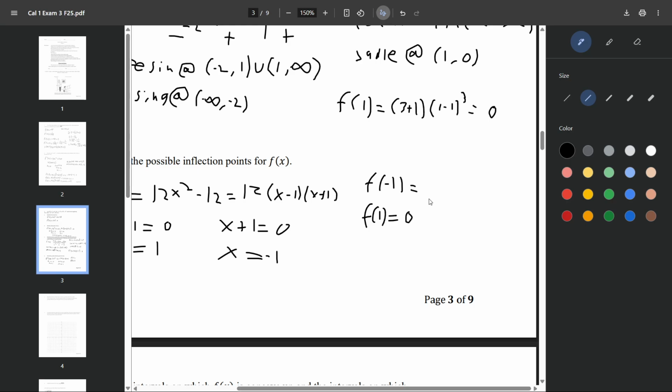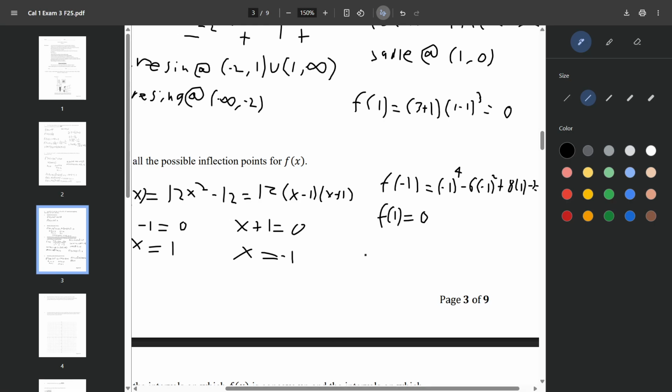So it's going to be 1, 4 minus 6, 1 squared plus 8, 1 minus 3, which gives us negative 16. So our possible inflection points are at 1, 0 and negative 1, -16.